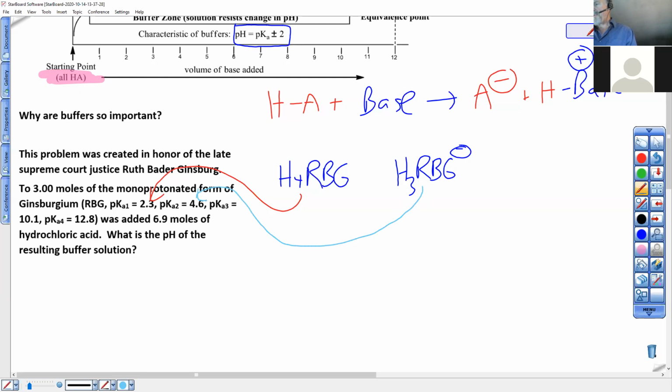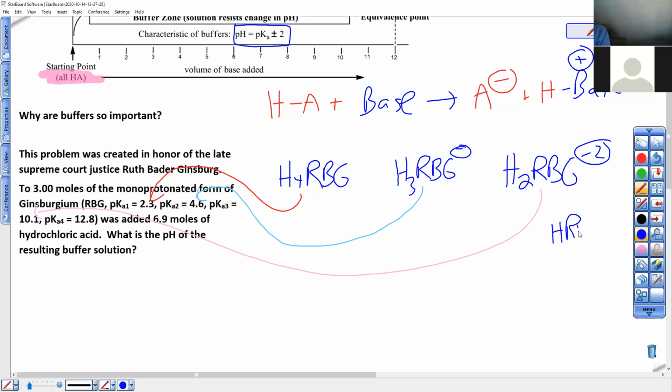This is the second one. And the third one would be H2RBG -2. And that would be this third number here. And our last one would be having only one proton, HRBG -3.